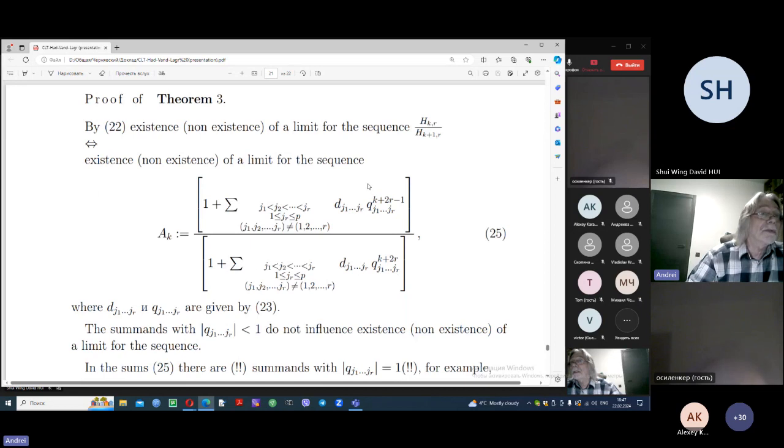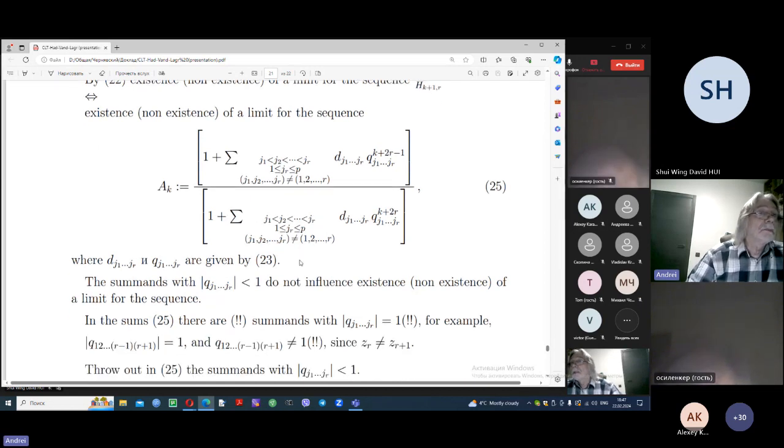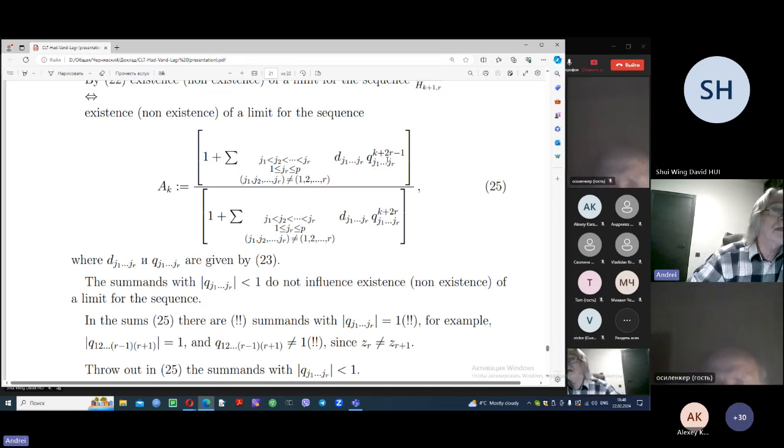Then in this ratio there are multipliers that are maybe only less than 1 or equal to 1, and no other multipliers are here.